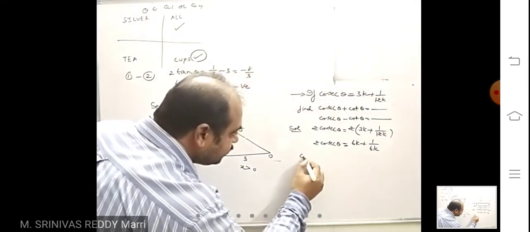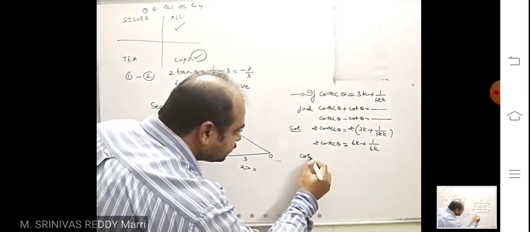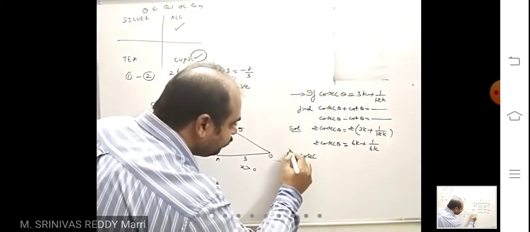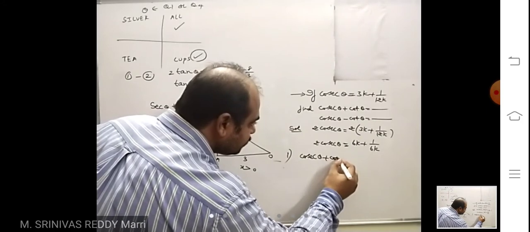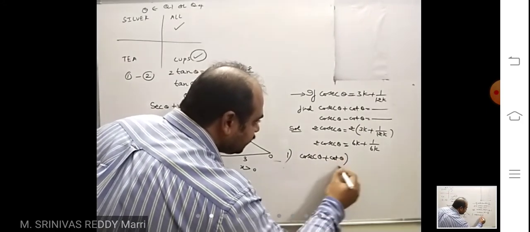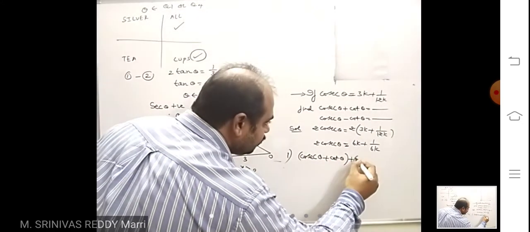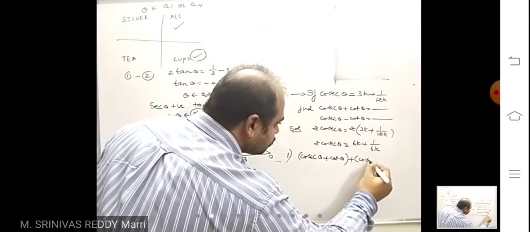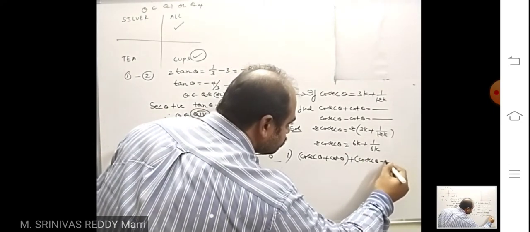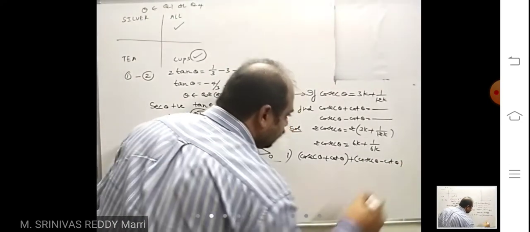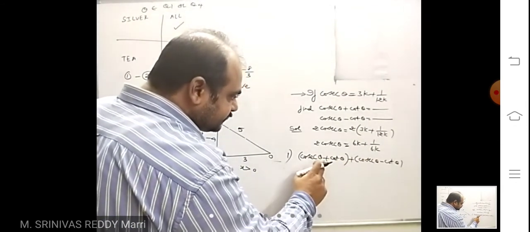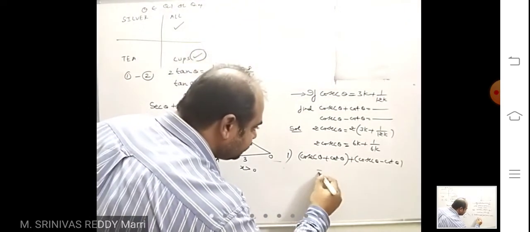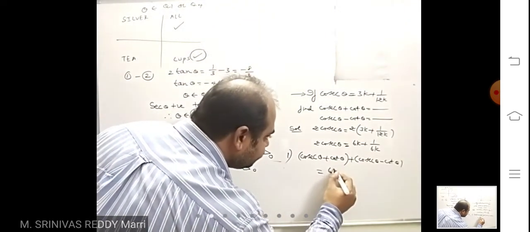Now 2 cosecant theta I can write like this. In the first case, I am writing 2 cosecant theta as cosecant theta plus cot theta plus cosecant theta minus cot theta. So this is the reciprocal of this, this is the reciprocal of this. Some trick is involved.